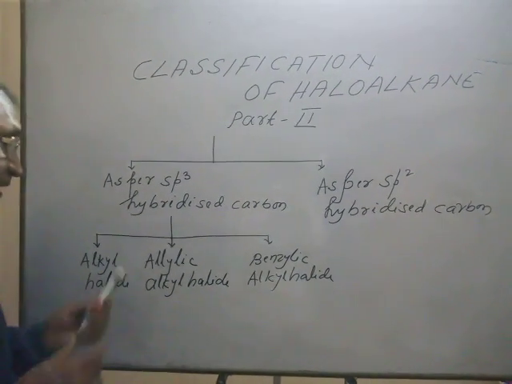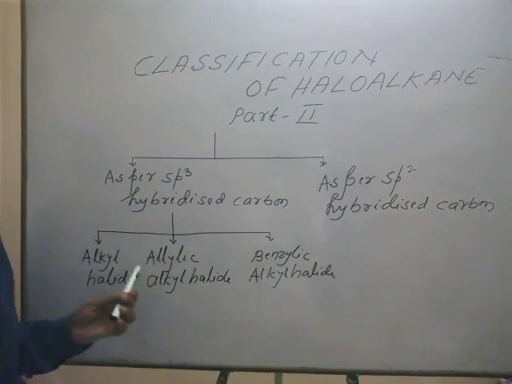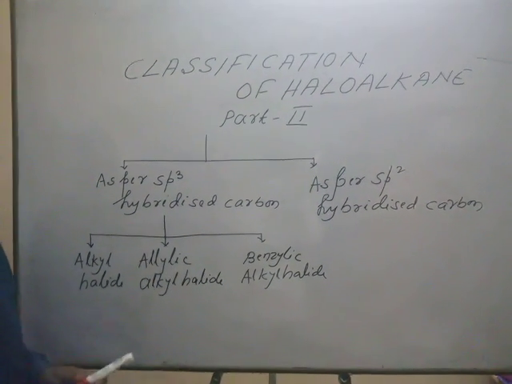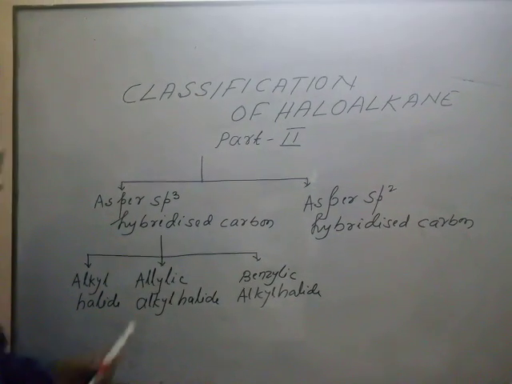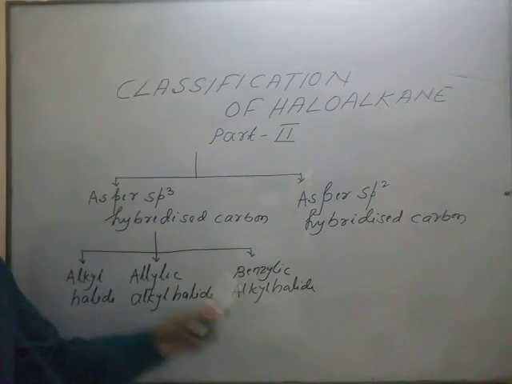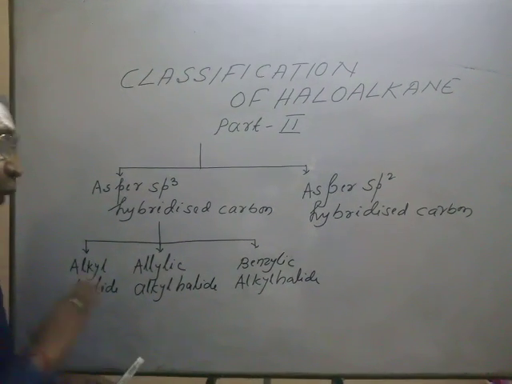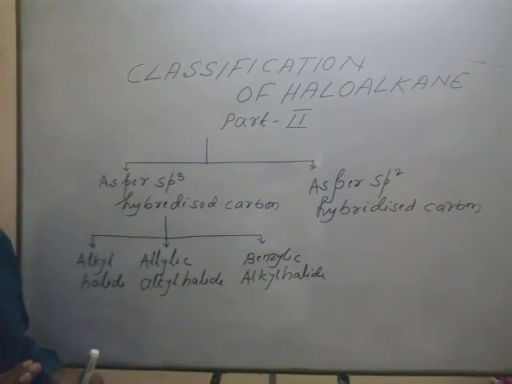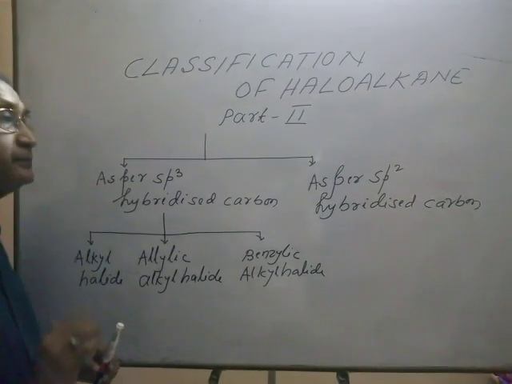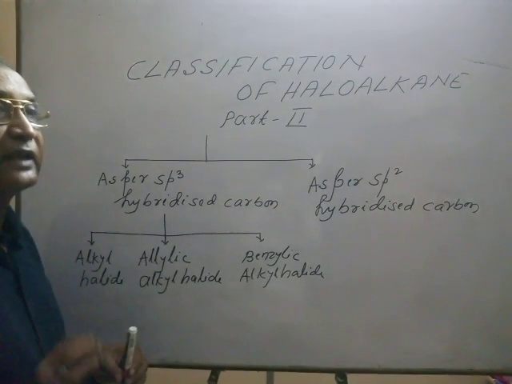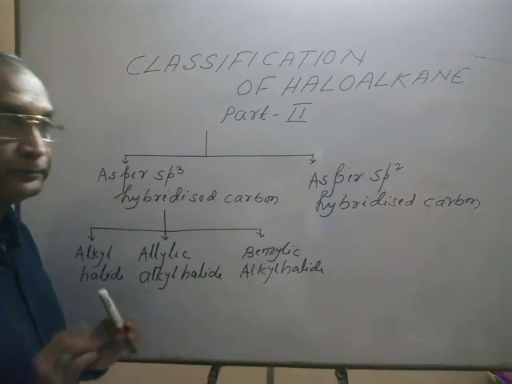One is alkyl halide or haloalkane, normal; the next is allylic alkyl halide, and the other is benzylic alkyl halide. All these are sp3 hybridized carbon alkyl halides.